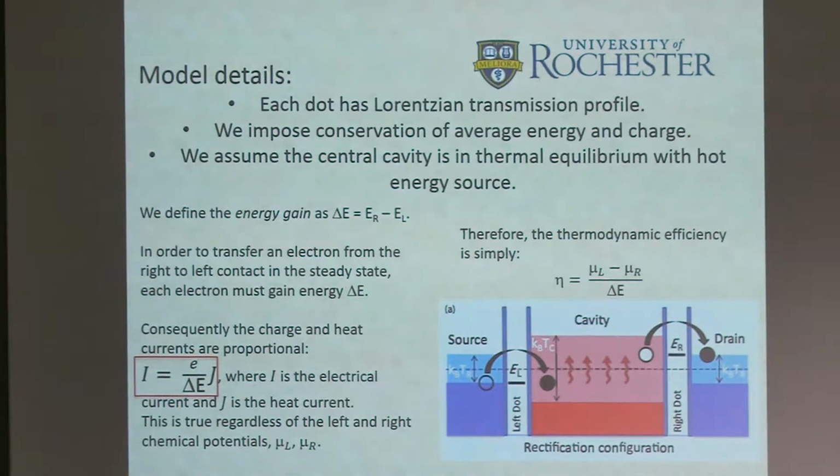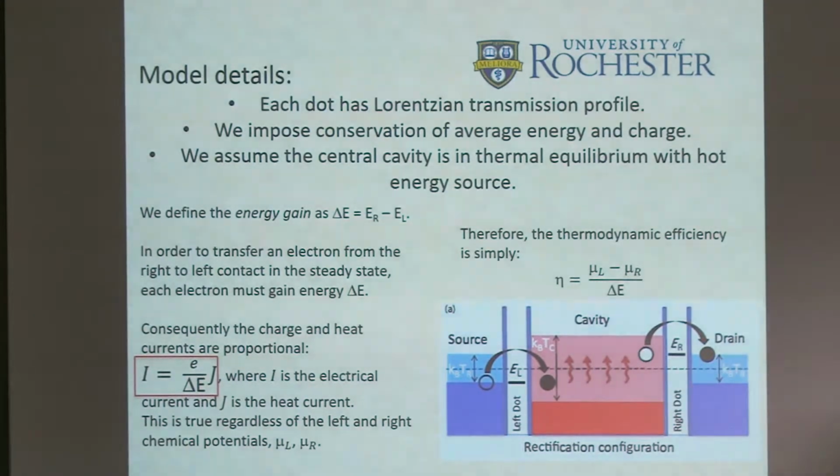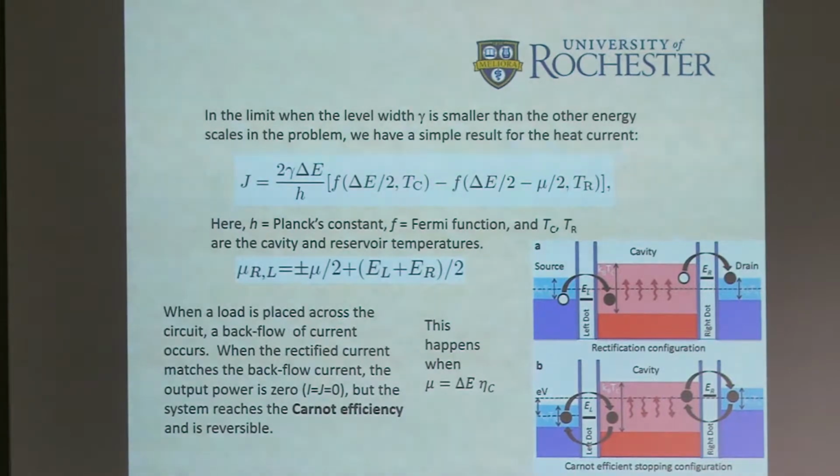Okay, and so then we assume that the heat is being transferred into this cavity at a fixed rate to keep this cavity at a fixed temperature that's hot. And again, the formulas turn out to be quite simple, so we can relate the heat current flowing in to some simple combination of Fermi functions given a chemical potential mu, and that we have a temperature Tr on the outside and a temperature Tc on the inside.